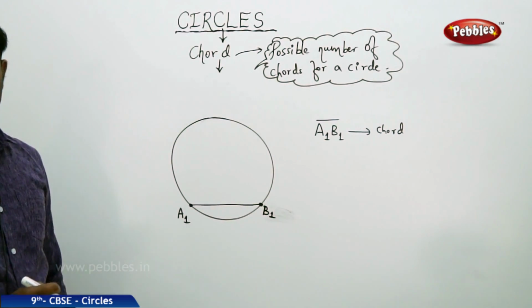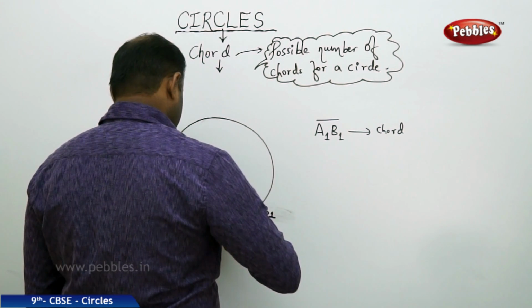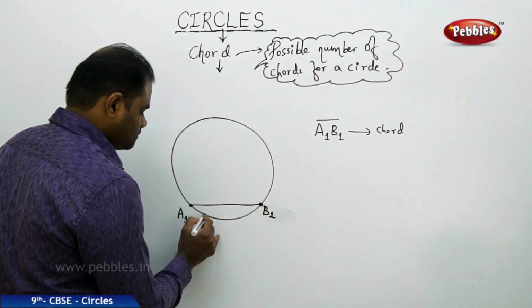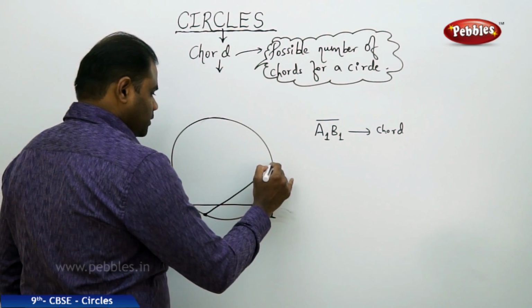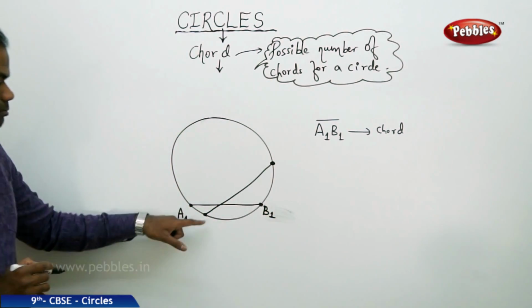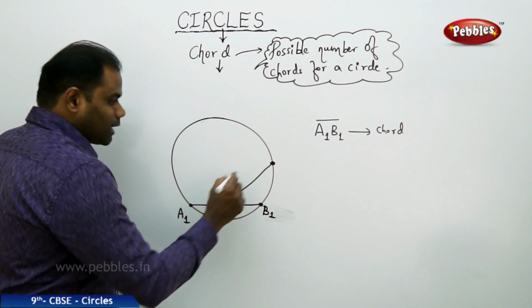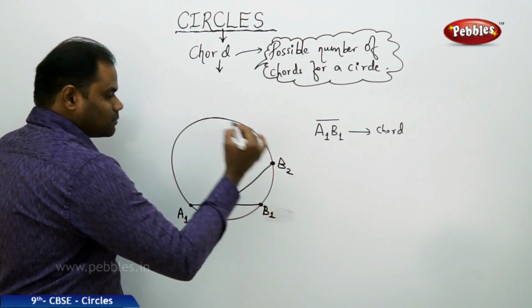Now let's take another set of points. I take a point and then join with another point on the circle, and say this point is referred to on the circle with A2 and this point on the circle is referred to with B2.